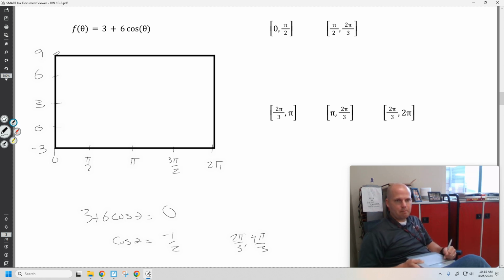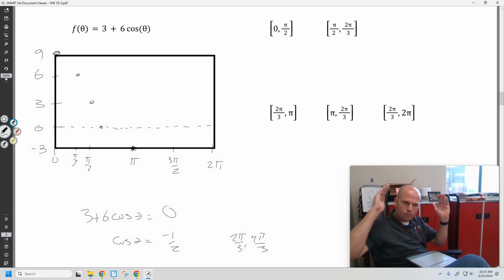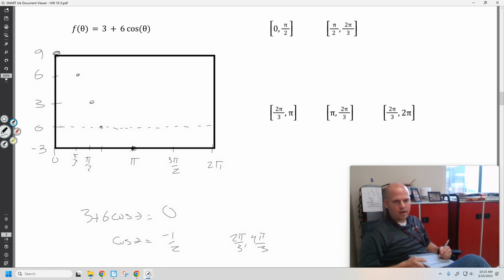Cosine does start at a maximum. We have pi over 3, pi over 2, 2 pi over 3. This is important: radius of 0. All of a sudden, things change. We're now looking at going towards or away from 0.